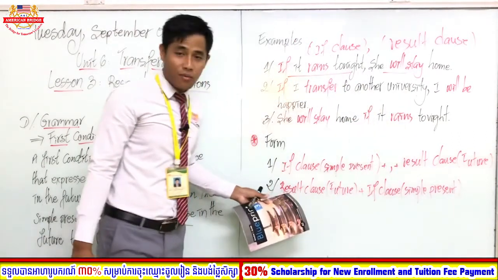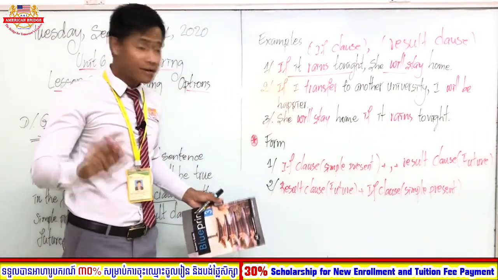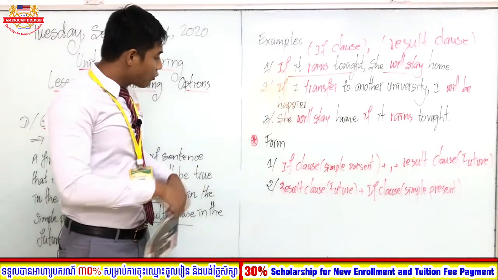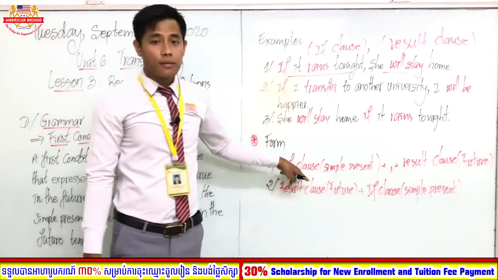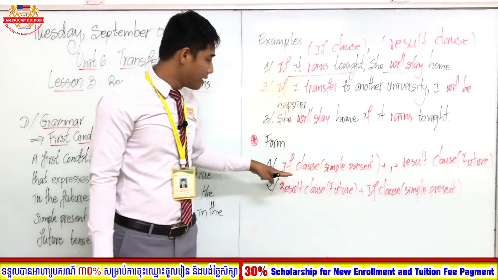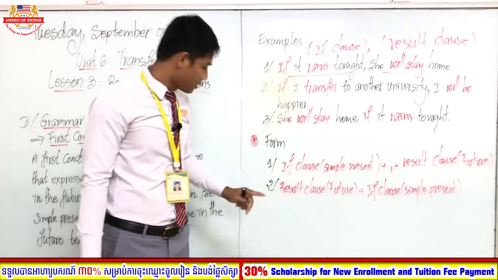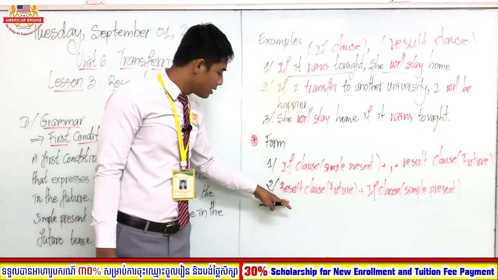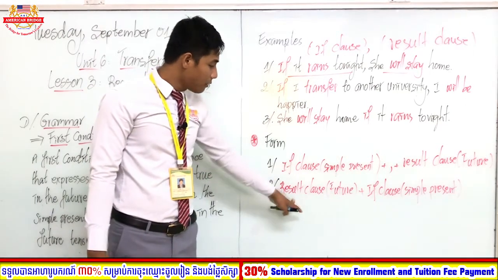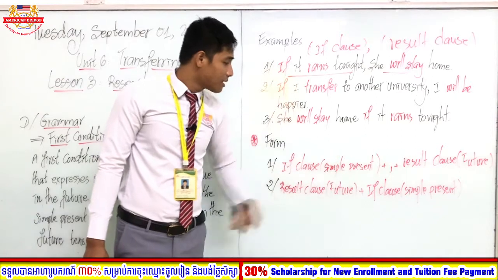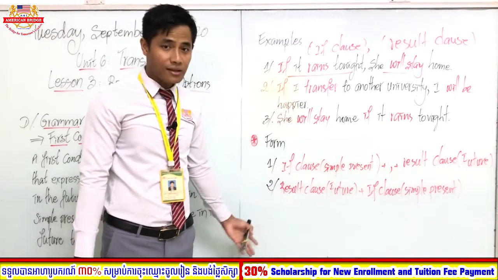So this is all the form of it. We can write it in two ways. First, we write the if clause in front with the comma, then the result clause, and we can also write the result clause plus the if clause.